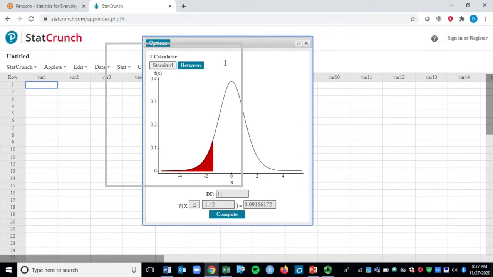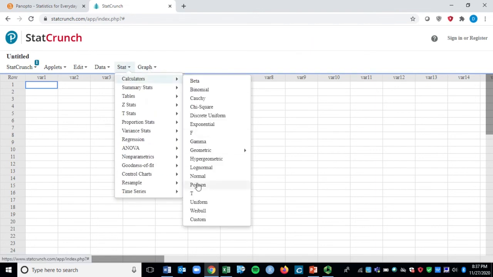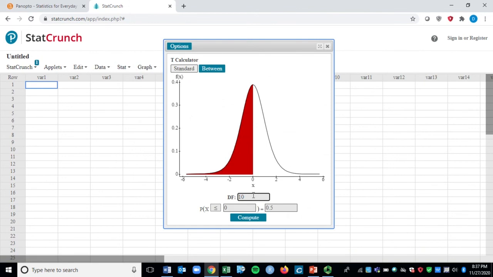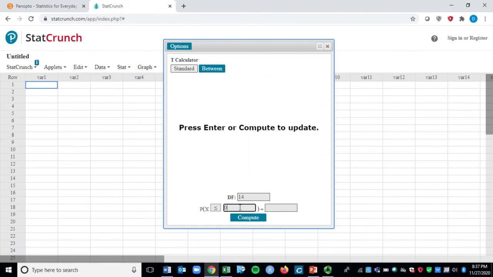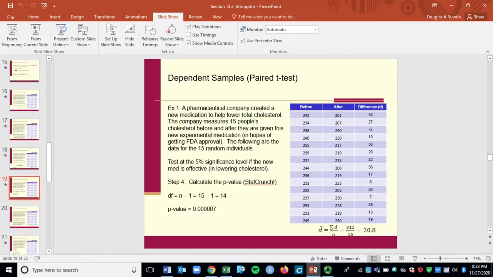So remember, you go to Stat, Calculators, T. And as I recall, what I just said was 14 degrees of freedom, 6.44. We have a right tail test. And there's our p-value. It's 0.000000774. It's really small. We expected that to be a really small p-value, because the test stat is so high.